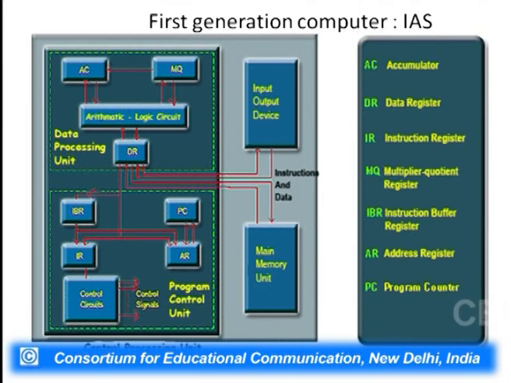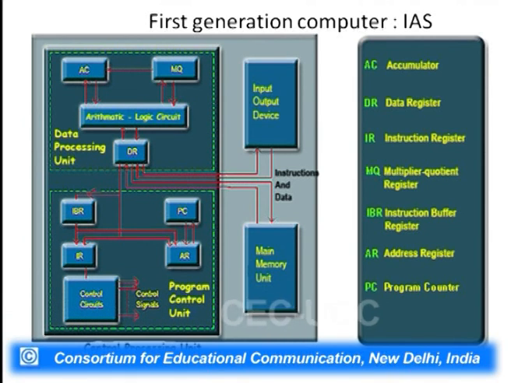Now, this block diagram here shows the first generation computer, which is the IAS. This has different functional blocks. You can see there is a data processing unit and there is a control unit. So this is essentially the CPU, the bigger block, and on the outside we have IO devices, the input-output devices, and the main memory. There are instructions and data that are carried to and from the input and output devices and the memory to the CPU and back.